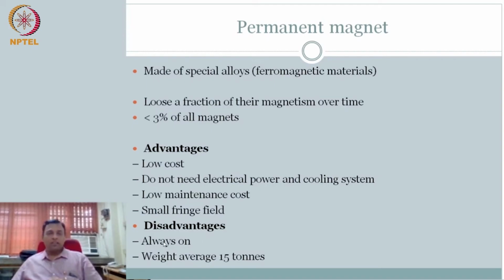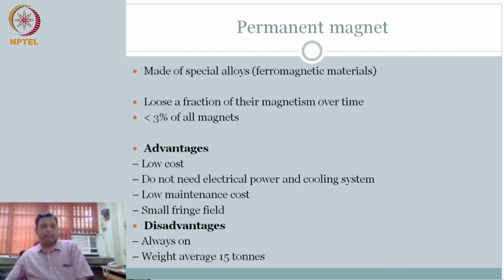Okay, always on. So that is desirable, that is not undesirable in the case of a small field strength like you use in your fridge. It's not going to affect us. So it's okay, it can be always on. Whereas here, if you have an MRI machine and it is always on, then you have to be careful, right? Your safety, everything is going to have an issue with that. So it cannot be always on.